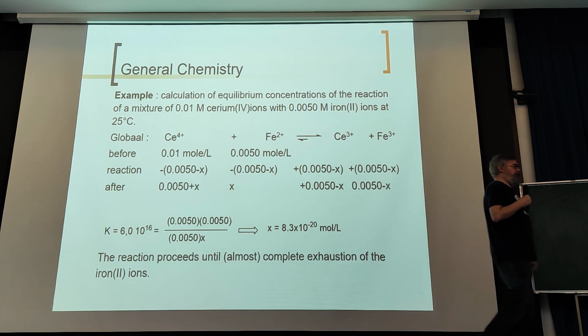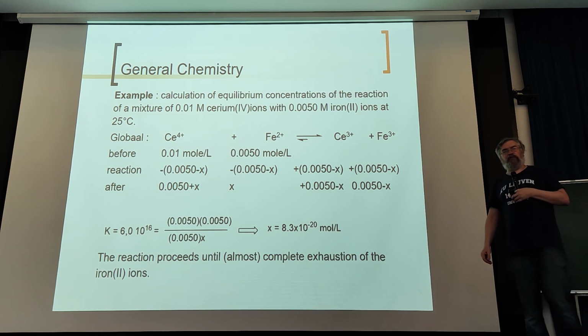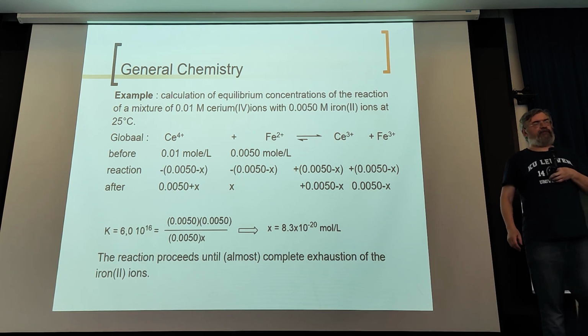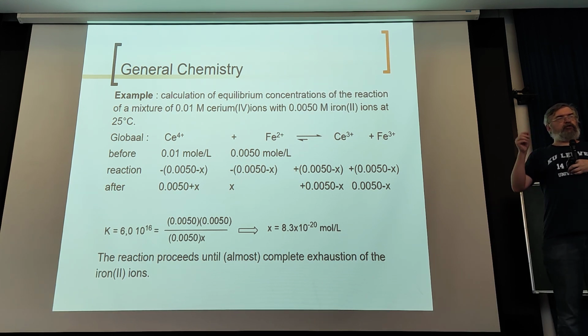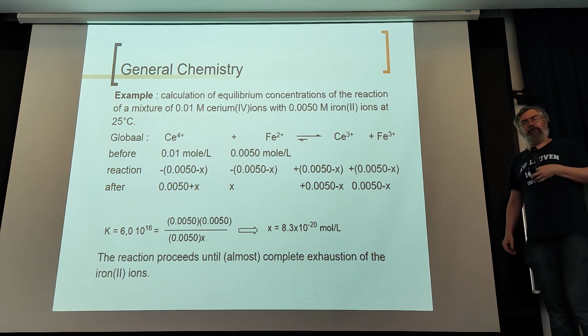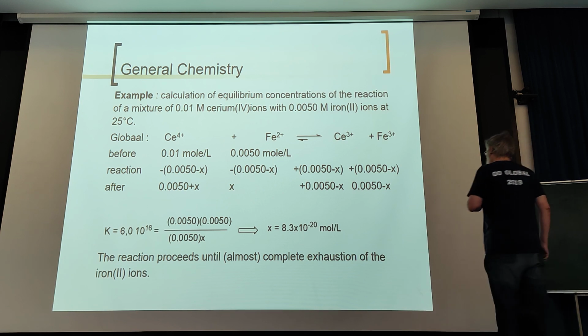8.3 times 10 to the minus 20. That means the amount of particles of iron, given the fact that the Avogadro number is of the order of 10 to the 23rd, means that in a liter you are going to have only a few thousand iron 2 plus particles, which is a really, really small, undetectable amount.